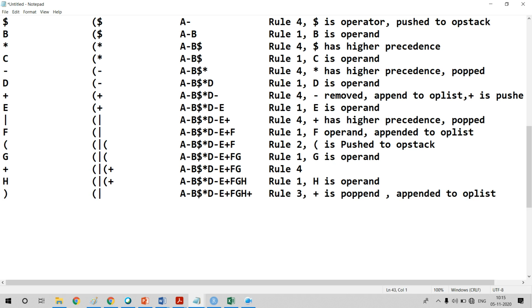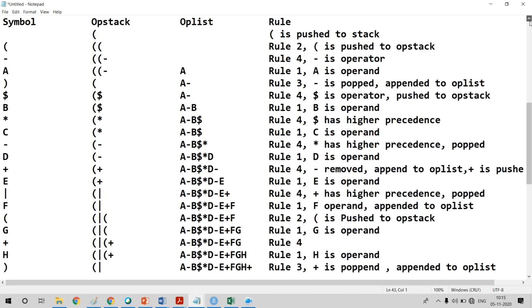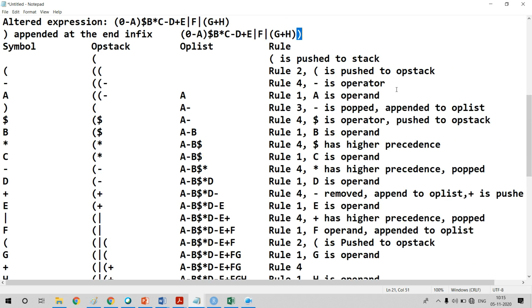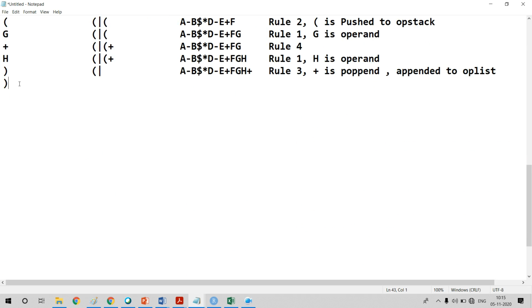The last symbol that we are going to scan is right parenthesis. We'll scan that also. Remove all the symbols till the corresponding left parenthesis. Add that operators at the end of the list.